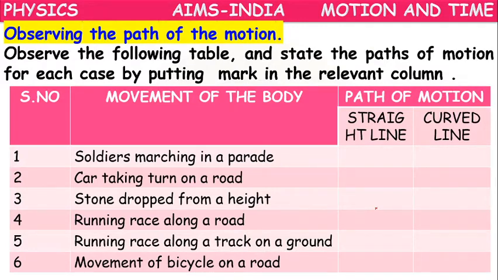Next, observing the path of motion. They have given some examples in the following table. We have to state the paths of motion, whether the path is a straight line or a curved line. Soldiers marching in a parade.